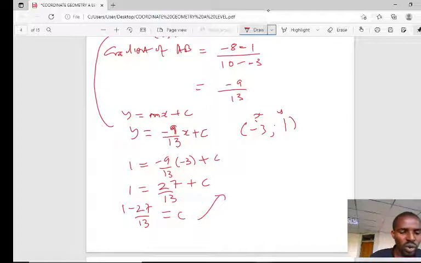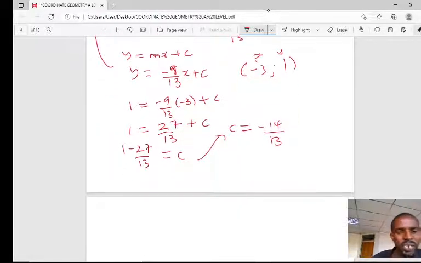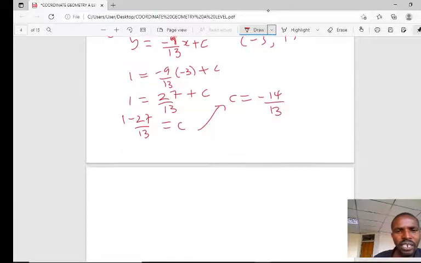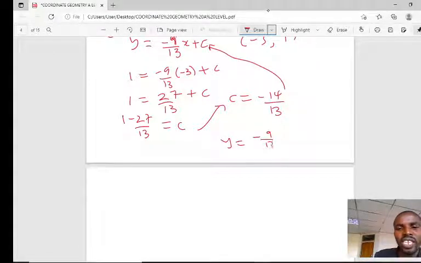You can use your calculator. 1 minus 27 over 13 is minus 14 over 13. So c equals minus 14 over 13. Then writing our equation, you just substitute: y equals minus 9 over 13x minus 14 over 13.